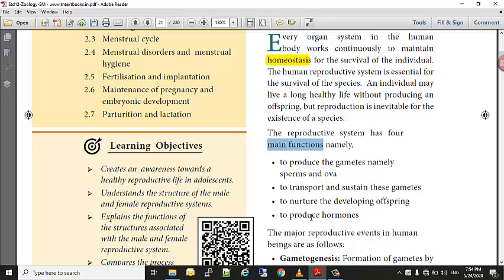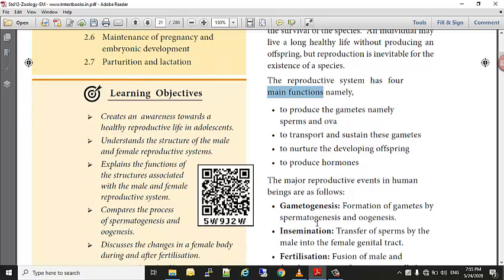These are the 4 important points, and they are the functions of the reproductive system. It can be asked in 2 marks or 3 marks as well. I think these points are very simple, and you can understand them.